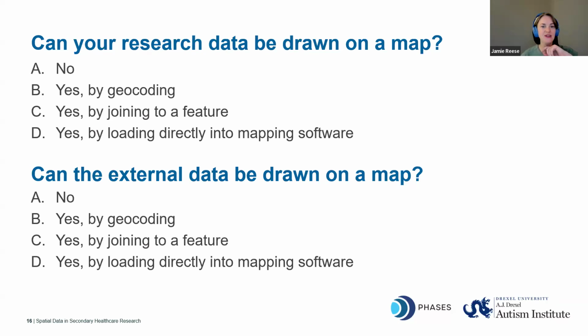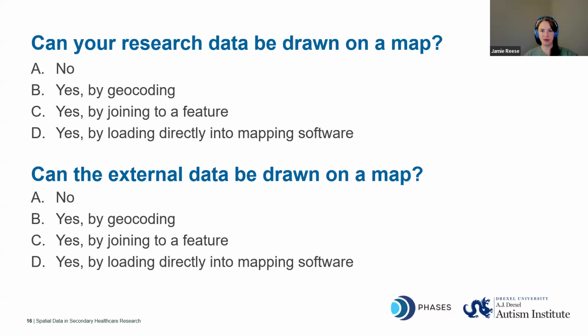All right, interesting. So it looks like in this group we have some working with points, so yes, by geocoding. And we have some who are already working with something that you can load into something like ArcGIS, so a shapefile or something along those lines. So thank you for that.